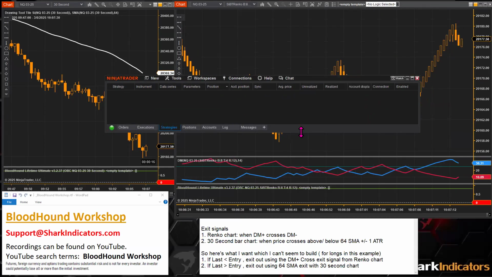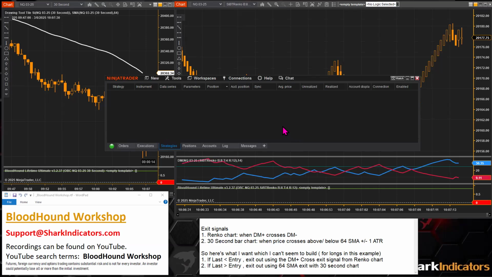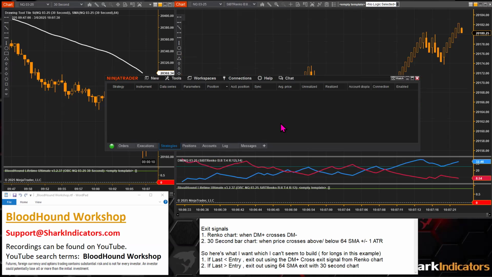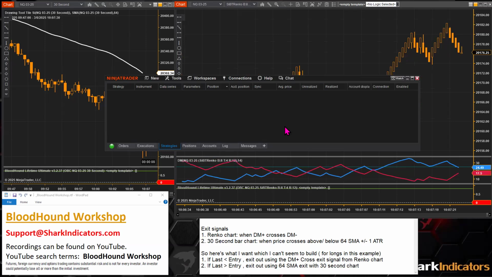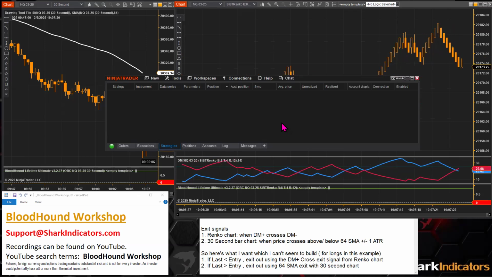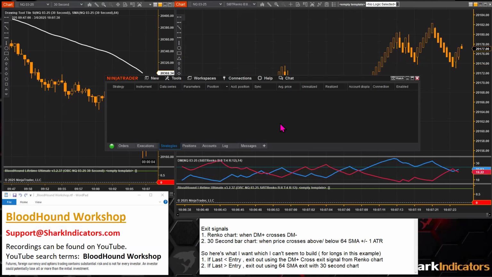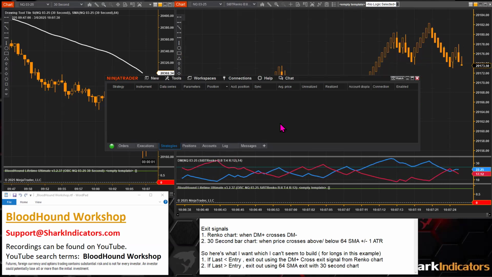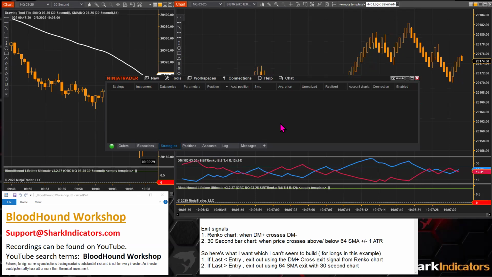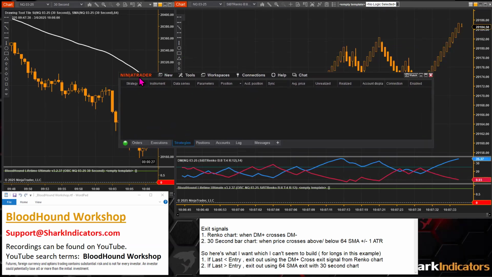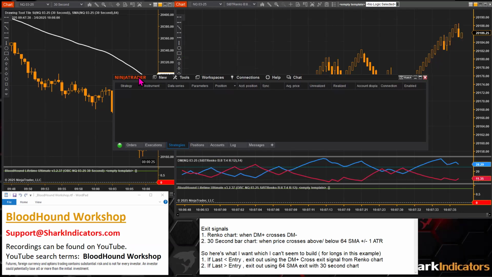All right. So whatever operating system NinjaTrader runs on, we actually run inside of NinjaTrader. So the operating system doesn't matter to the Shark software. The only thing that matters is if you can get NinjaTrader running, then you can get our software running.